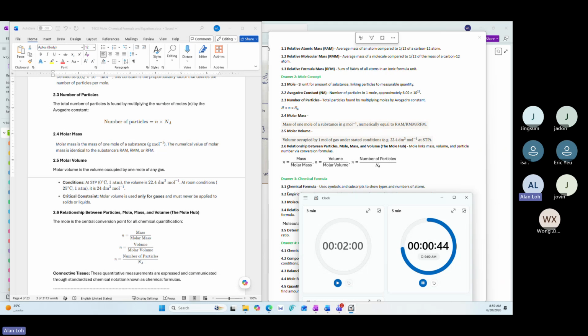Don't worry about remembering everything. I'll create a story for you to remember this easier. Molar mass, molar volume, number of particles, Avogadro.